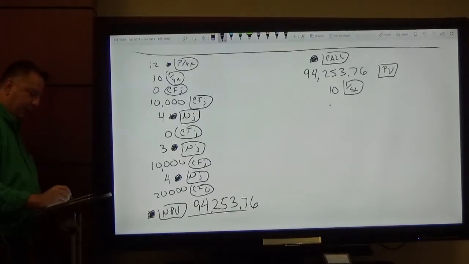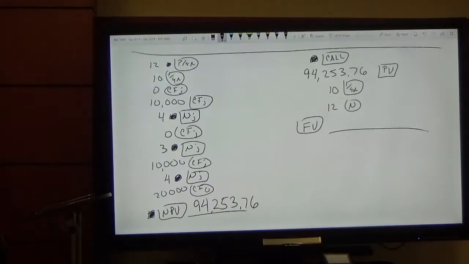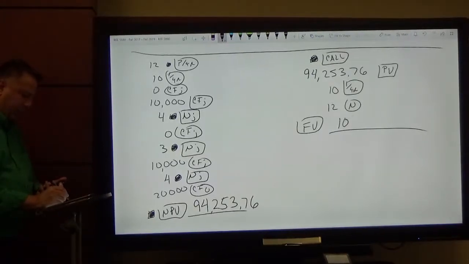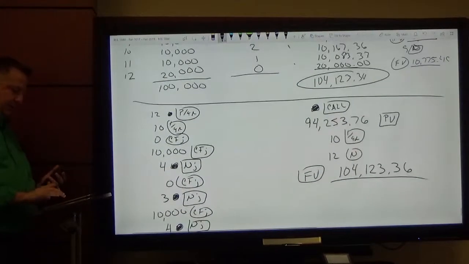Then we're going to put in 12 as our N, and solve for future value. You end up getting 104,123.36. So let's see if that matches what Chase gave us.